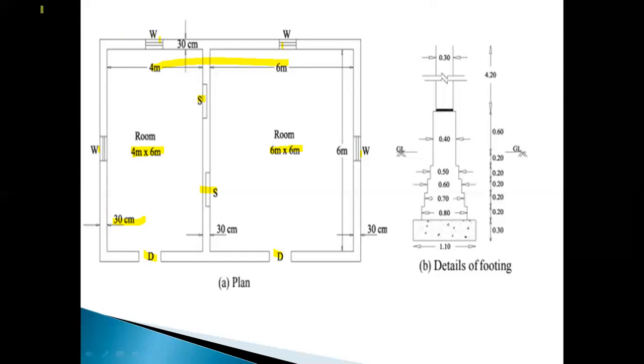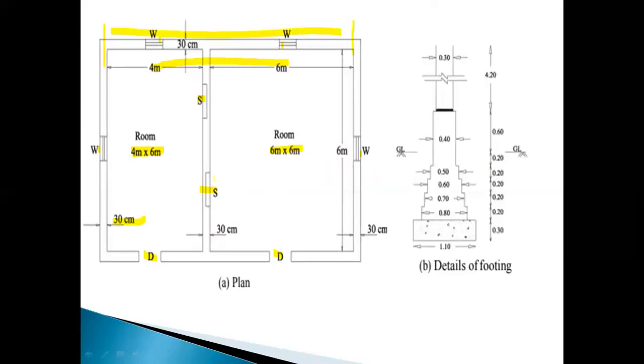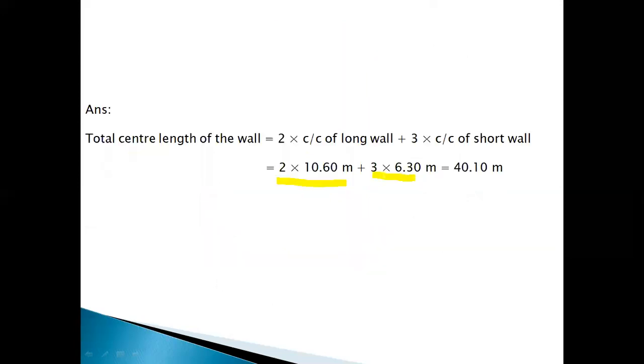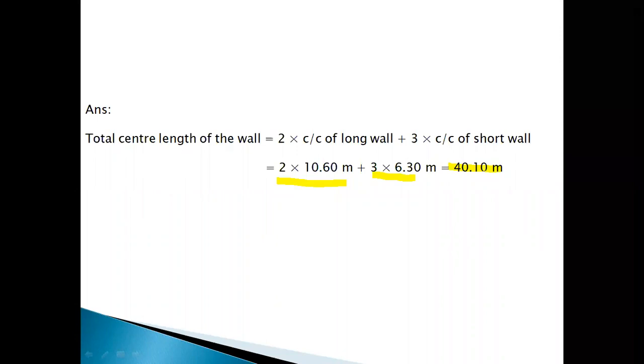The center to center length is calculated: 0.15 plus 0.30 plus 0.15, that equal to 0.6. 4 plus 6, 10.60 meters. 2 into 10.6 plus 3 into short wall length 6.3, 3 into 6.3, that equal finally 40.10 meters. It is the total center length of the wall.